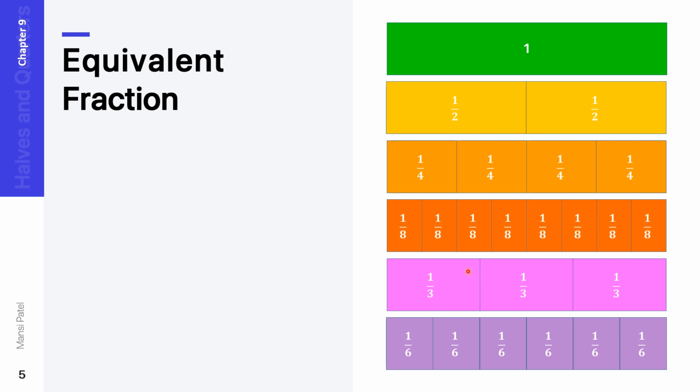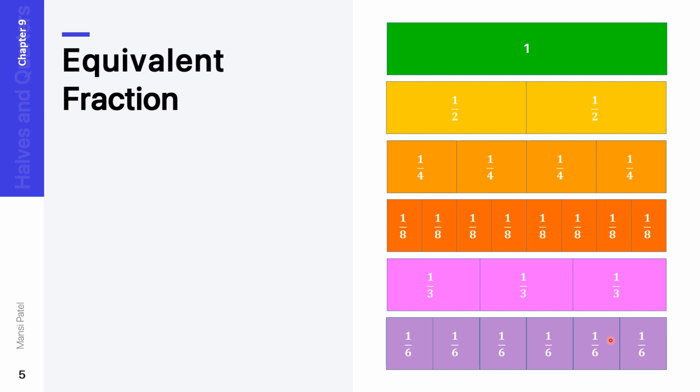After that, we divide this one whole rectangle into three equal parts, and again we divide the whole rectangle into six equal parts. So these are all known as equivalent fractions.